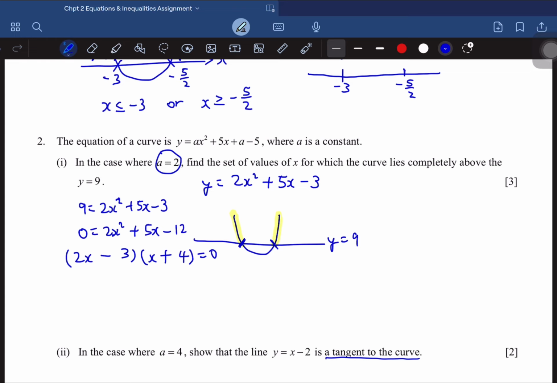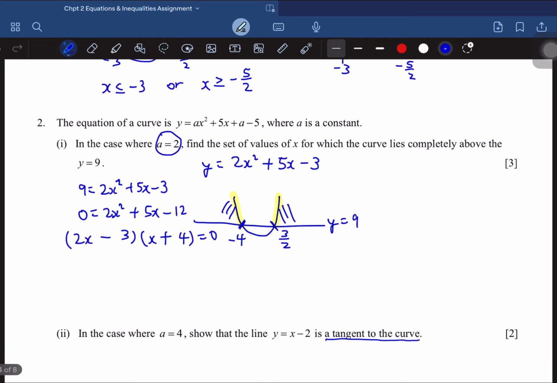So my x value here will be negative 4. Then the other intercept value will be 3 over 2. So you can see that the highlighted portion is the region whereby the curve is completely above the line y equals to 9.